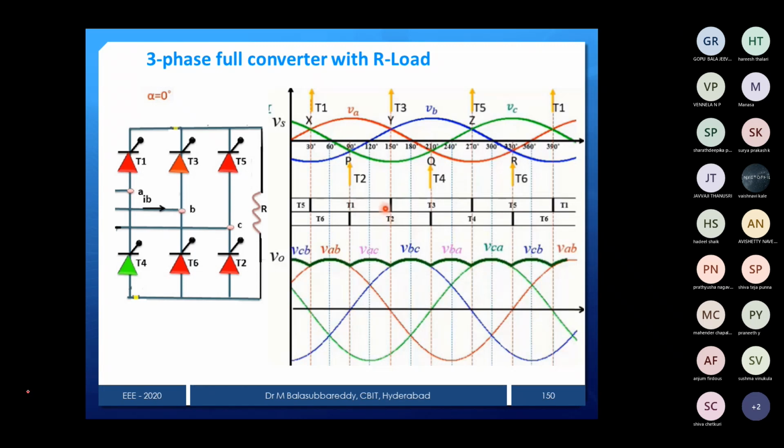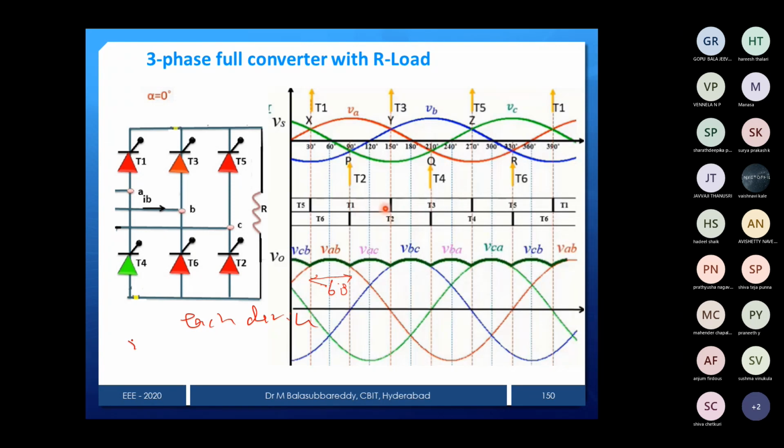Then your output voltage will be 6 by 2 pi, and for the integral limits you can apply alpha plus 30, and at the end you can see any one pulse you can fire. This pulse is how many degrees? 30 plus 30, totally 60 degrees. The question is, each device, how many degrees will it conduct?